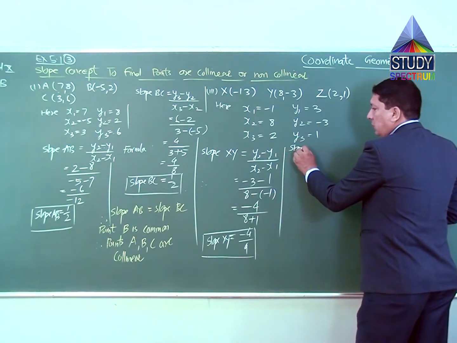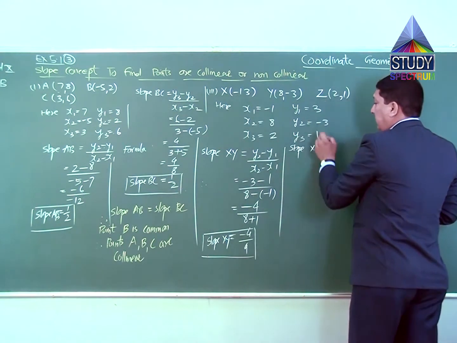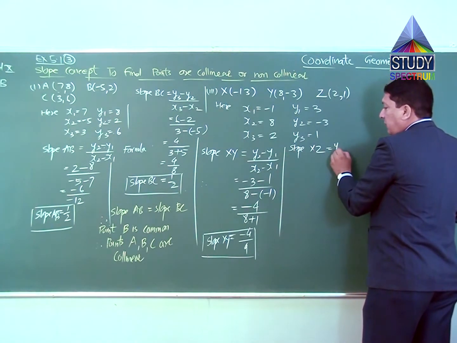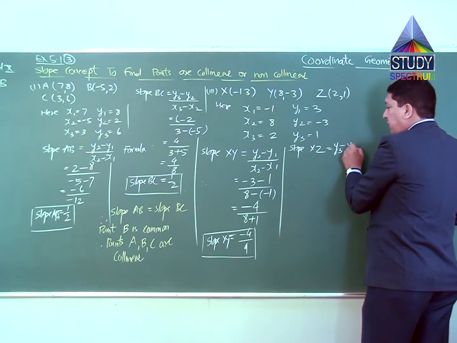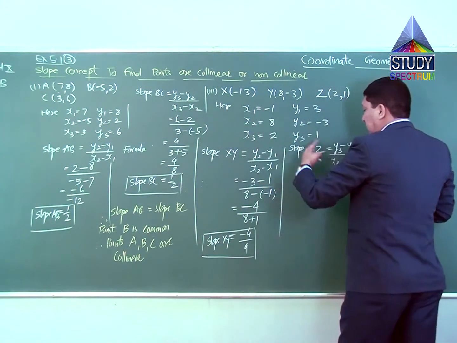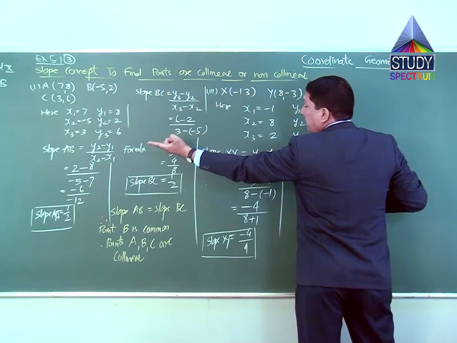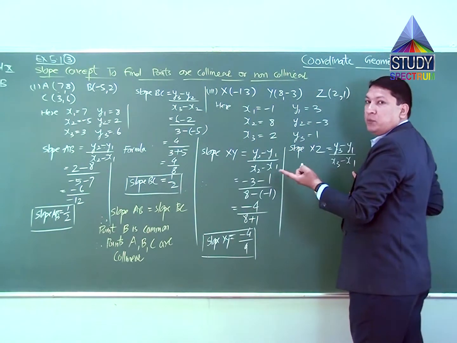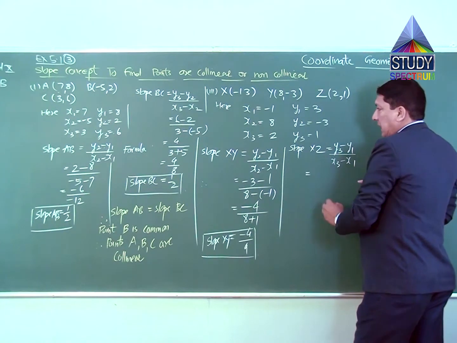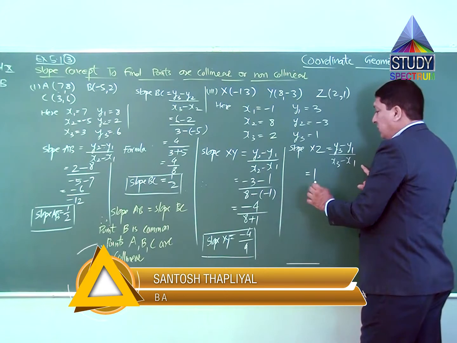Slope XZ. Now if I am finding the slope of XZ, this will be y3 minus y1 upon x3 minus x1. Last time we had taken x3 minus x2 because we had taken different points. Now here we are taking different points. I am putting the values now. y3 is 1. Again, be very careful when you are putting values.